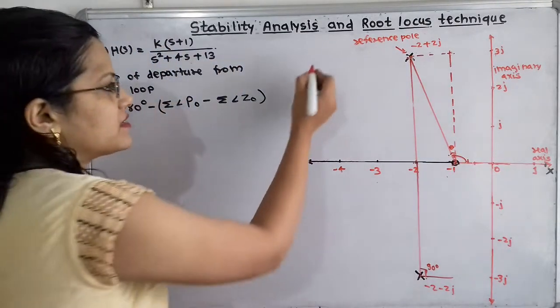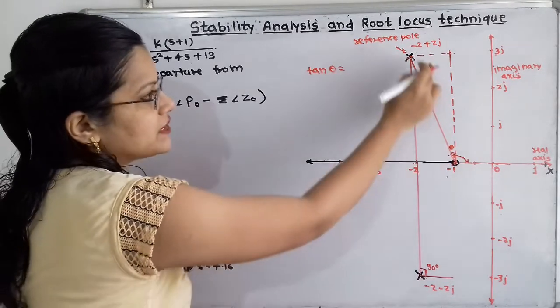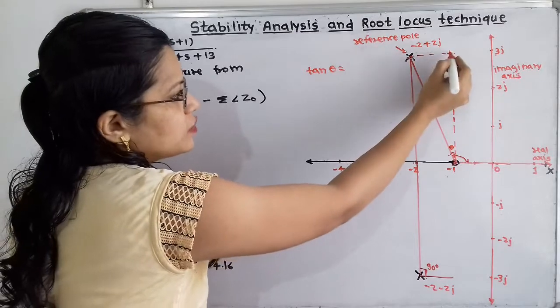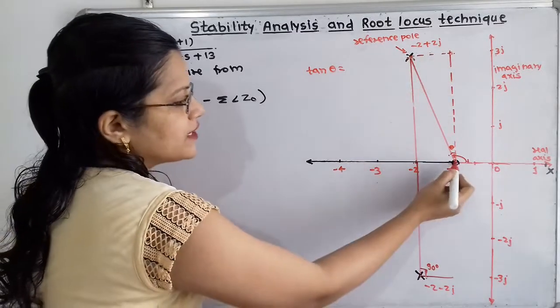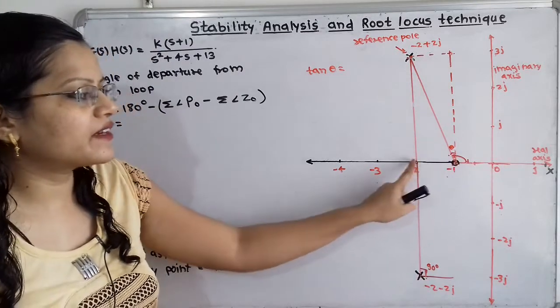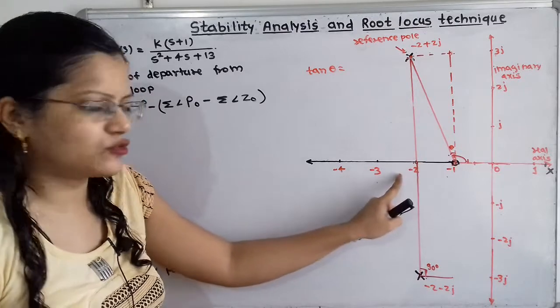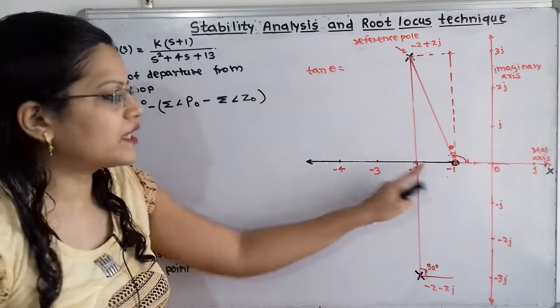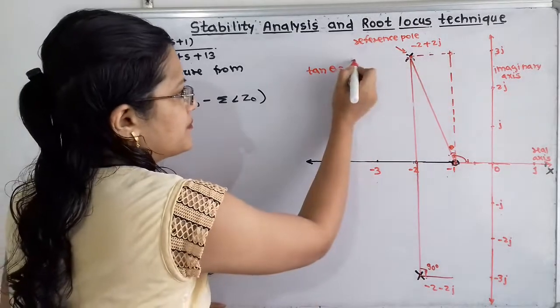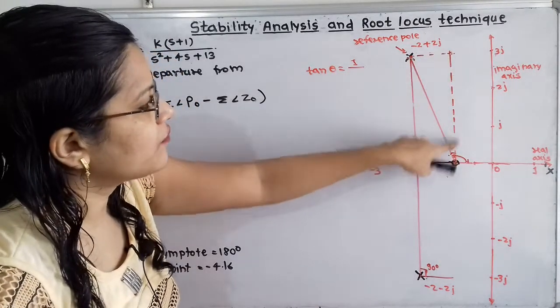We will use the formula tan of theta is equal to the opposite side divided by the adjacent side. From this point to this point, what is the total distance? We take the difference between these two points, that is minus 1 minus minus 2, so minus 1 plus 2, this difference is 1, divided by the height of this triangle.